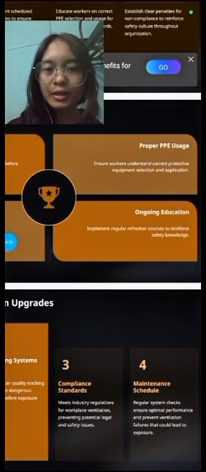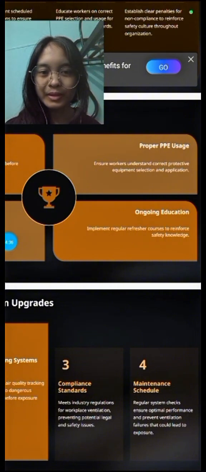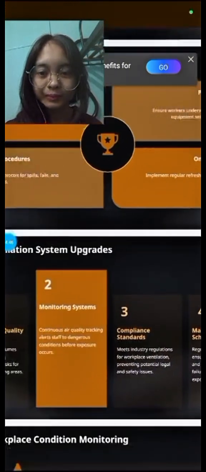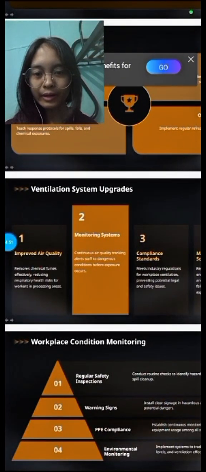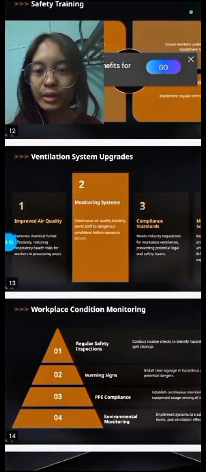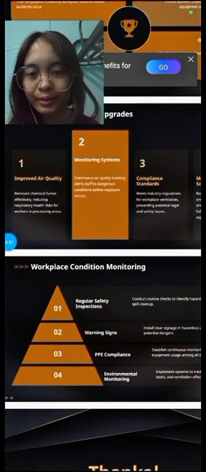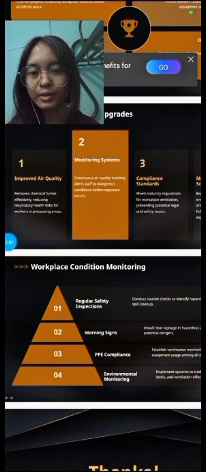Proper PPE usage ensures workers understand correct protective equipment selection and application. Ongoing education, implement regular refresher courses to reinforce safety knowledge. Ventilation system upgrades. Number one is to improve air quality, to remove chemical fumes effectively, reducing respiratory health risks for workers in processing areas.